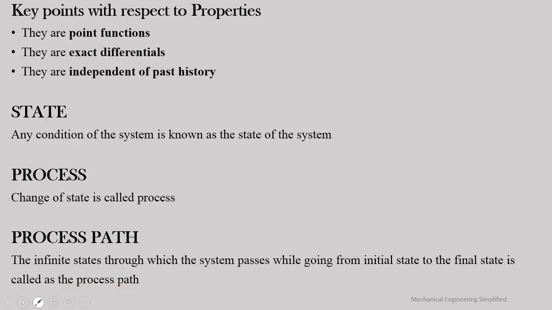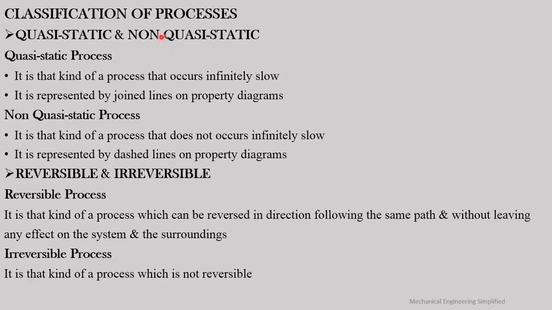Then we have the classification of processes. Processes are broadly classified into two categories: quasi-static and non-quasi-static, and reversible and irreversible. What are those? Quasi-static is that kind of process that occurs infinitely slowly.